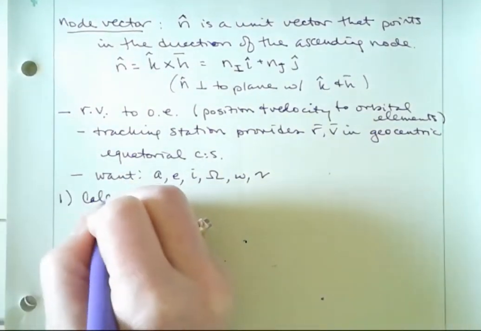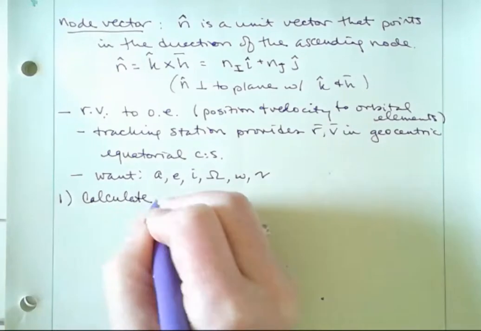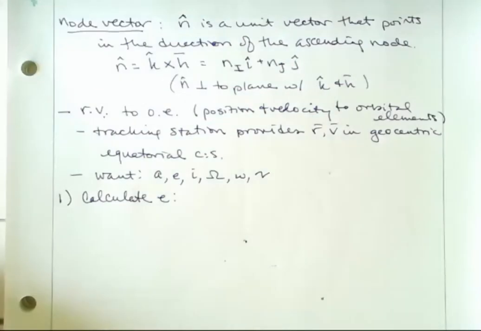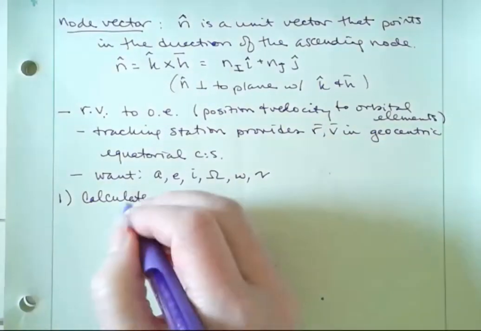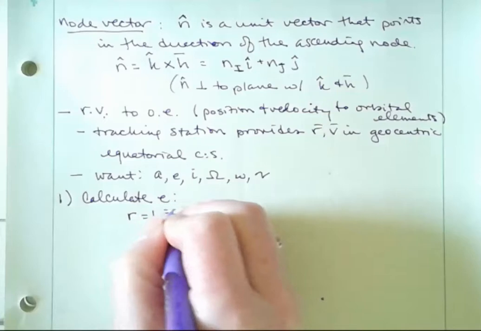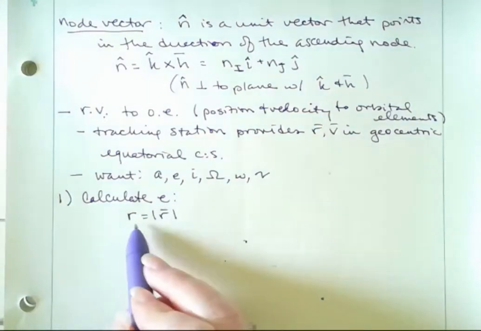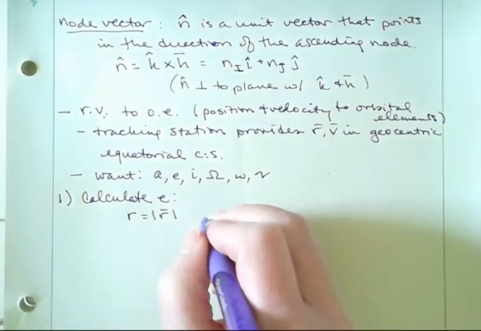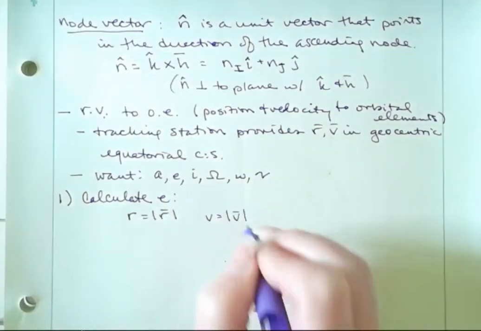Okay, so first let's calculate eccentricity e. Remember, we're going to be given position and velocity vectors. First thing we want to do is find the magnitude of both of those vectors. So r is equal to the magnitude of r, v is equal to the magnitude of v.